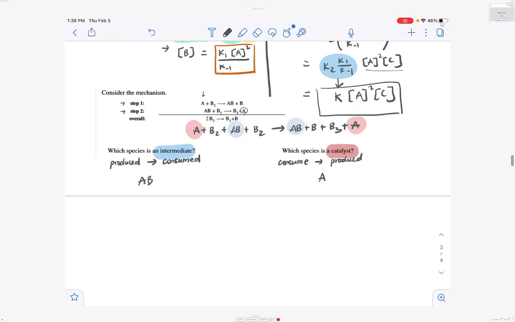For a catalyst, you consume it first and then it gets reproduced after. Because if you look at the chapter 14 lecture note about catalyst, a catalyst should be regenerated in its original form once the reaction is finished, because a catalyst is not consumed in the reaction.